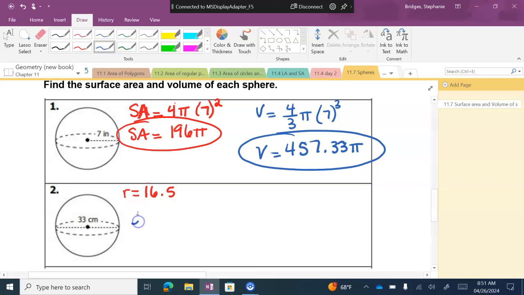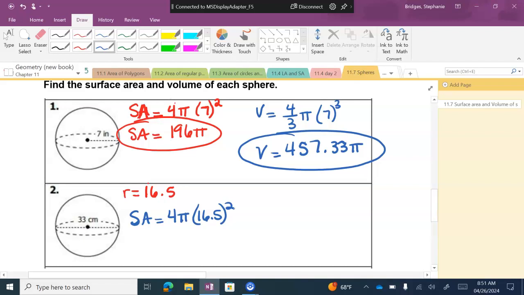And now let's do the surface area. I'm going to let you do it though. Plugging it in is 4 times pi times your radius squared. So what you need to do is square 16.5 first. You plug numbers in a calculator. Square your radius, 16.5.